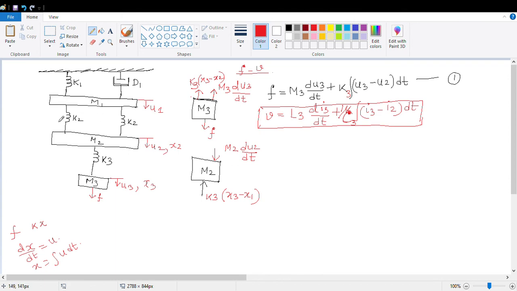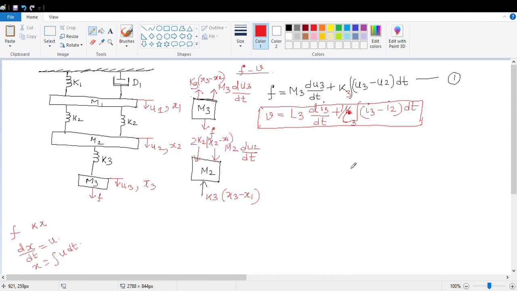So these two spring constants will have the displacement. If this is x2, this is x1, the displacement will be x2 minus x1 times k2. Another will be x2 minus x1 times k2. So if I add these two forces, it will be opposed by twice k2 times x2 minus x1.